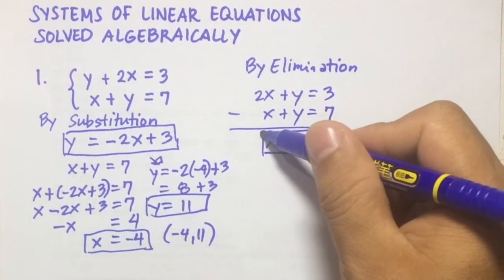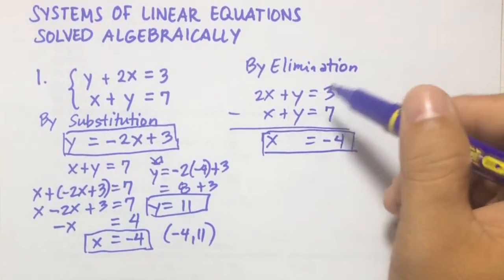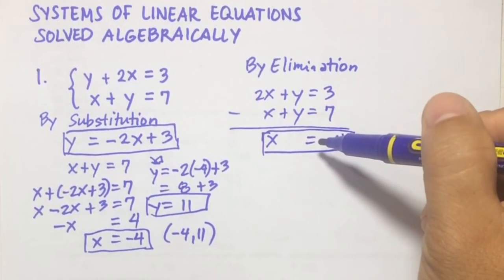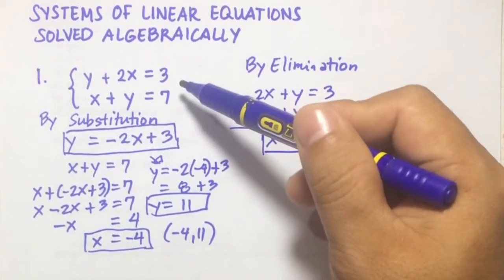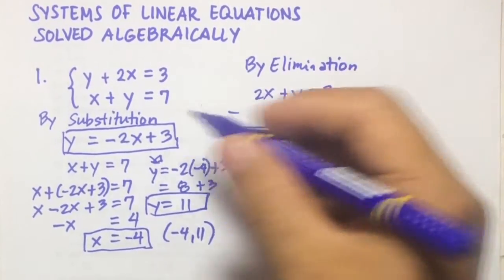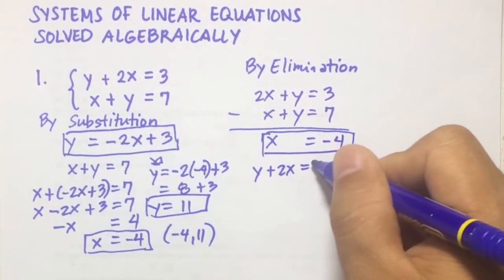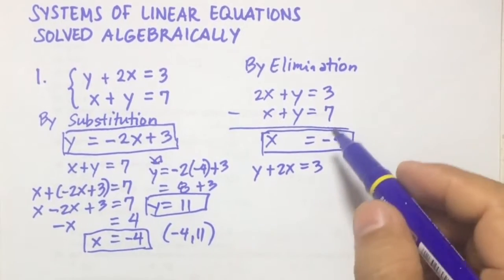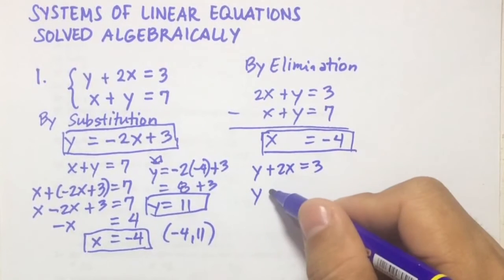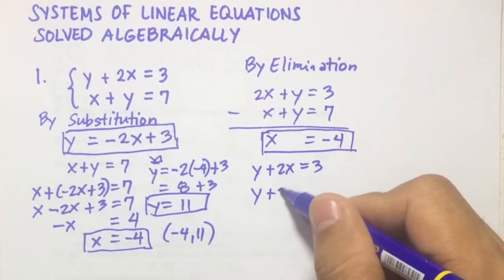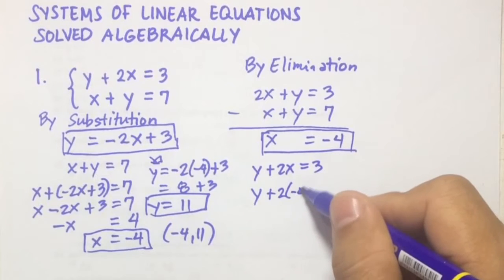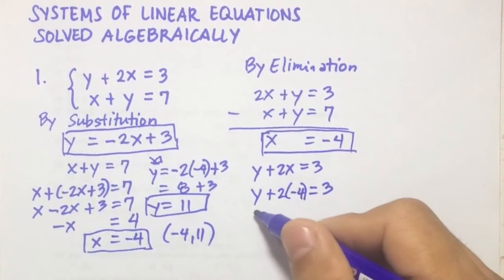And after having the value of x, we'll just substitute this value into any of the two equations. So let's use equation 1, which is y plus 2x equals 3. If x is negative 4, we're going to have y plus 2 times negative 4 equals 3.